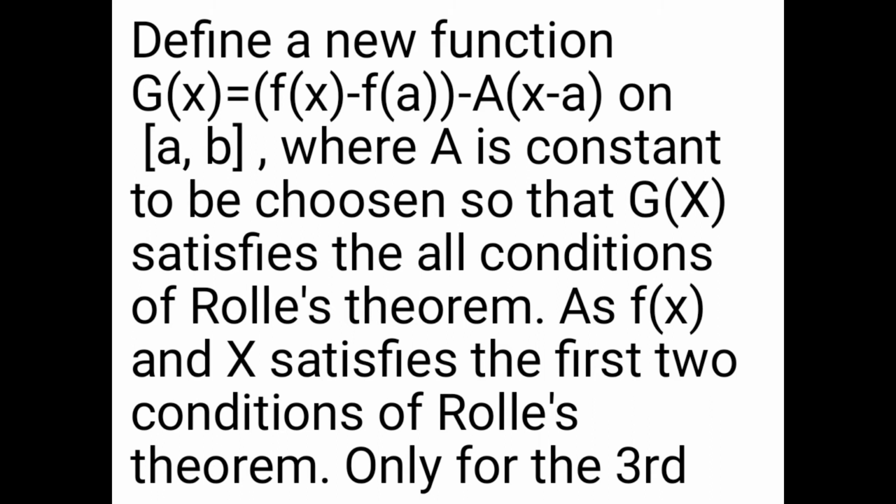As given, f(x) is continuous in the closed interval [a, b] and derivable in the open interval (a, b). We may note that f(x) and the identity function x satisfy both the conditions of Rolle's theorem.